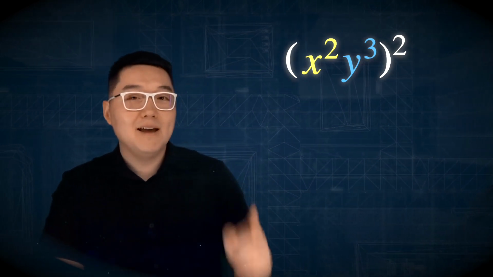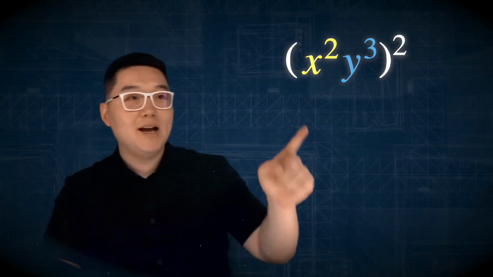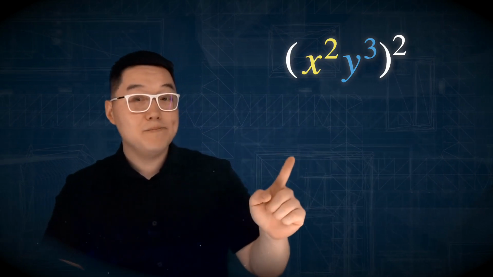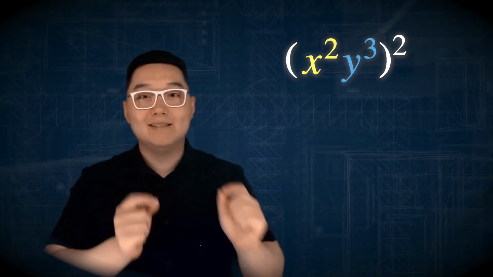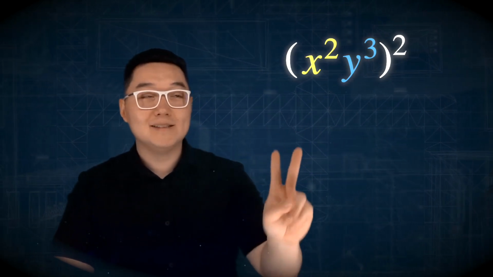So remember, exponents mean repeated multiplication. So as you can see, there's an outer exponent. The outer exponent says 2. That means the quantity, the entire expression, has to be multiplied by itself, in this case, twice. So let's go ahead and copy that expression twice.